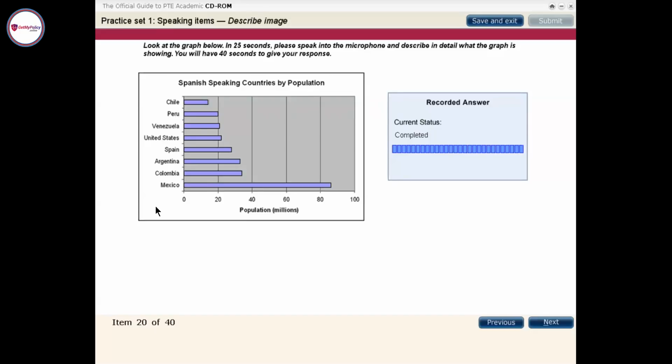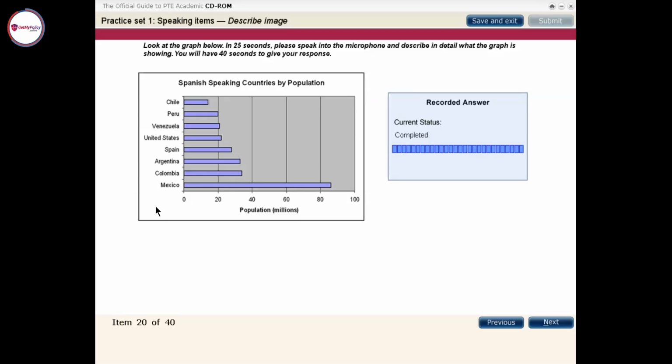See, what happens is there are many people, including those who are now participants. Many of you get into the details and see. Now I'll try to copy them. And what happens? See, the given bar graph is Spanish-speaking countries by population, and it has population from 0 to 100, and various countries like Peru, Venezuela, United States.